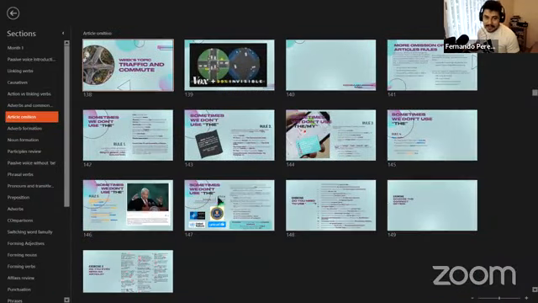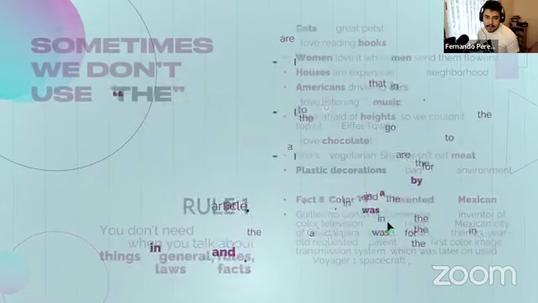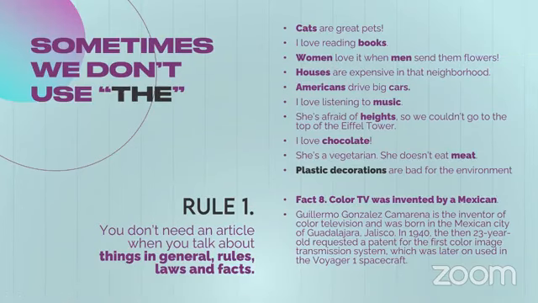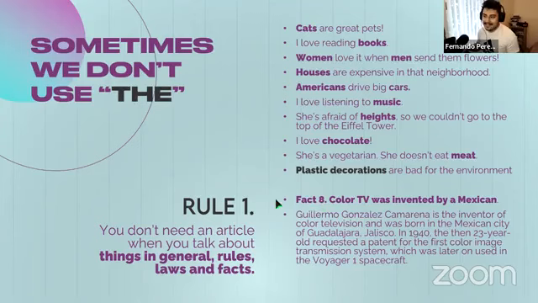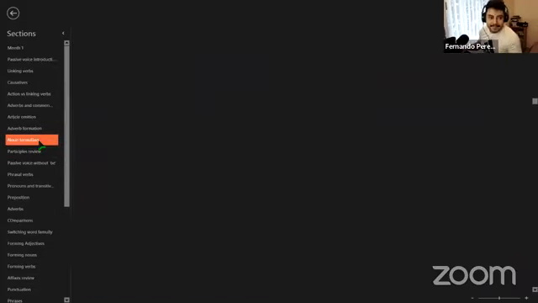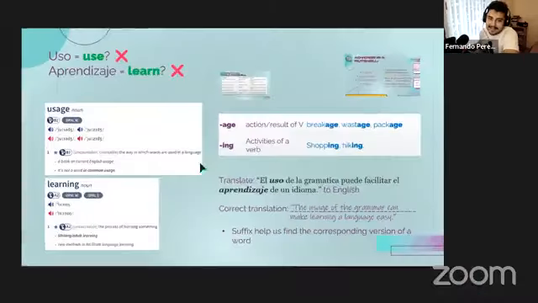Article omission. According to the rules, when we talk about things in general, we need to omit what? The article. Article the. So "the usage of the grammar" sounds super wrong. The usage of the grammar, that doesn't sound well.